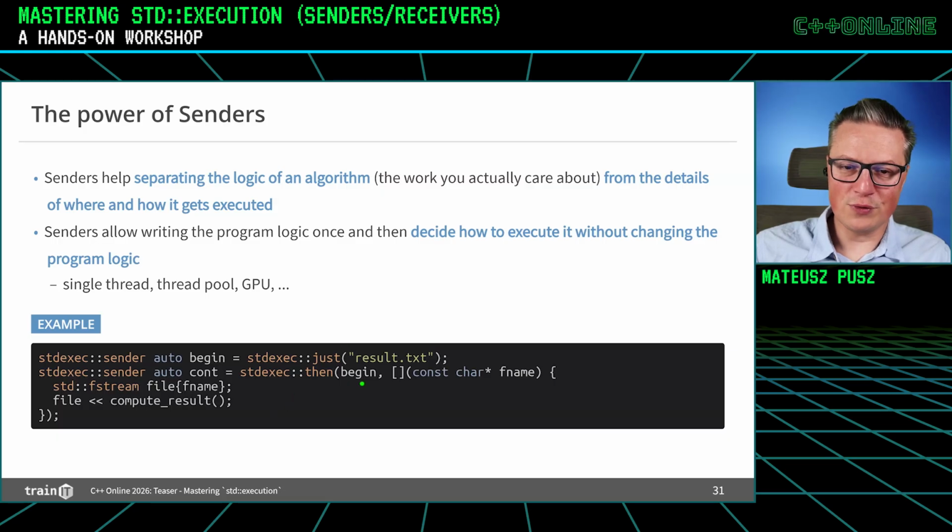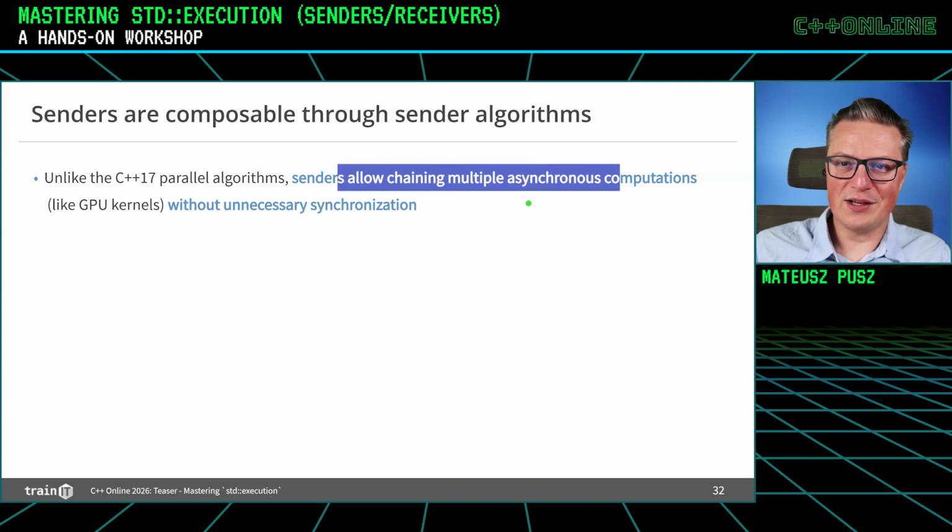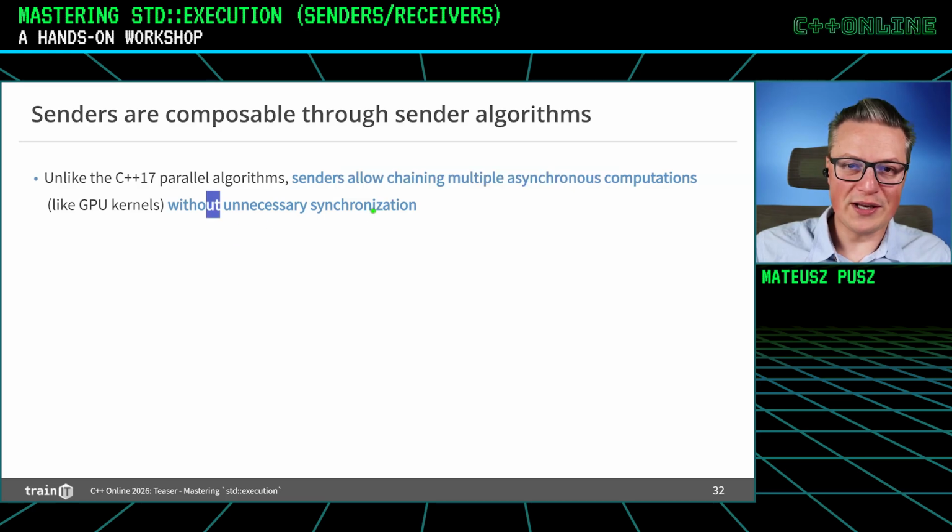Right, so this is similar to views. You can pass the previous element in the pipeline as the first argument of the next element of the pipeline. And of course, you can also pipe them. I'm going to show this in a moment, right? Unlike C++17 parallel algorithms, senders allow chaining multiple asynchronous computations, which is much better than the algorithms that we have, without unnecessary synchronization.